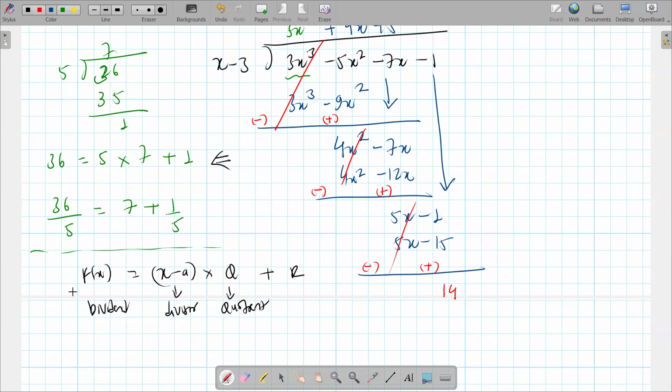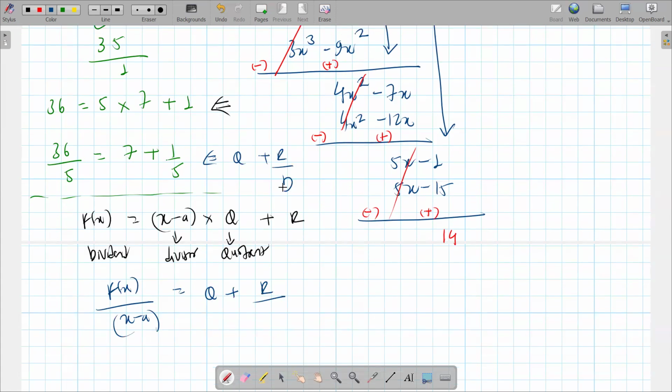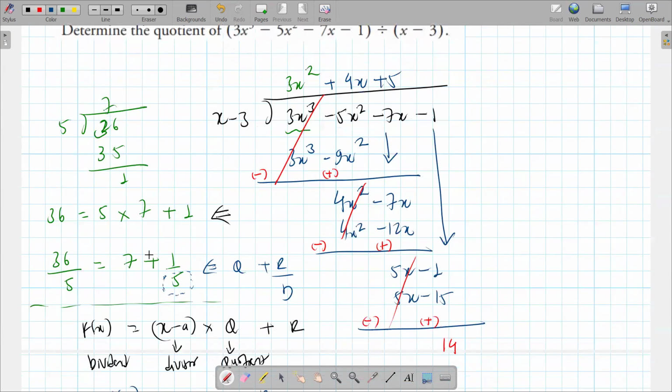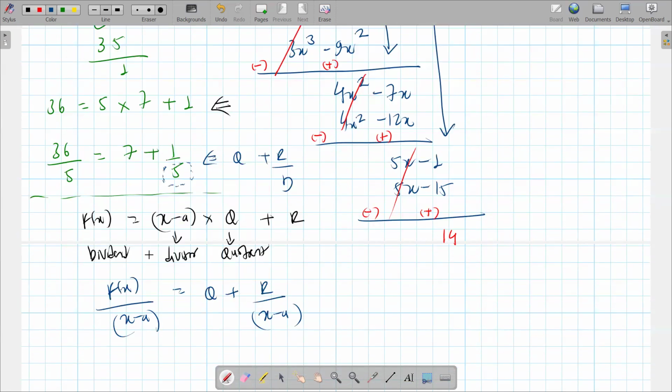Another way is the second form, where you have f of x over x minus a on one side, and that is equal to q plus remainder over the divisor, here 1 over 5, like that. So those are two ways you can express this. Both of them are valid.